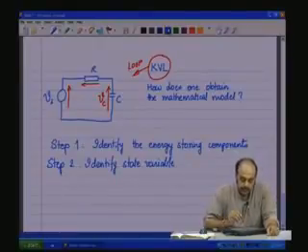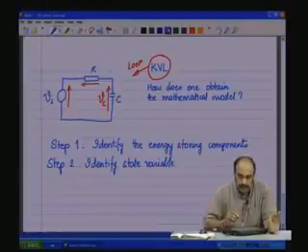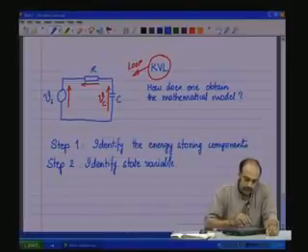Now having done this, that is having identified the energy storing components and having identified the state variable, write down the state variable at the appropriate place in the circuit.